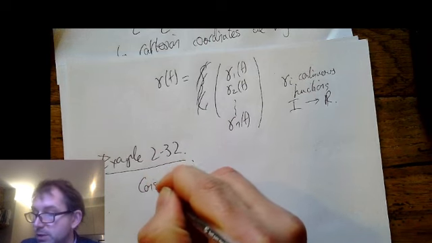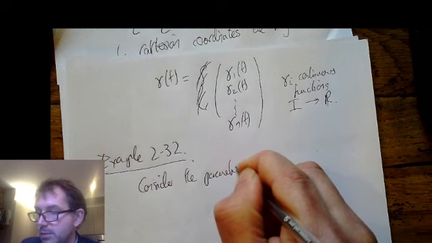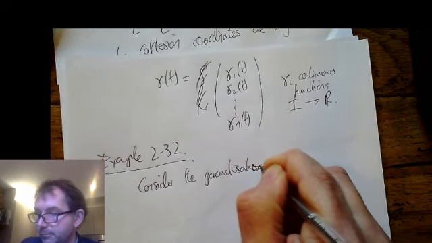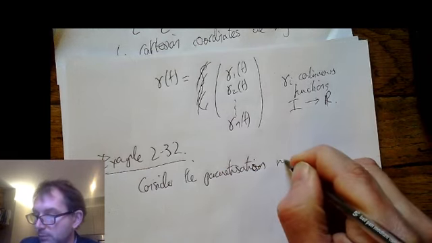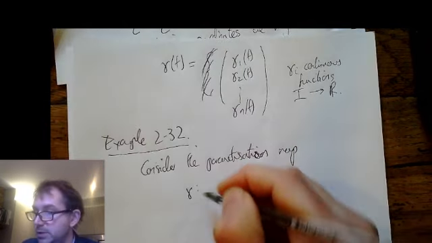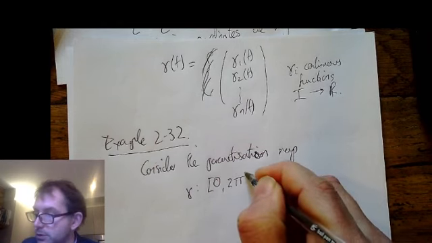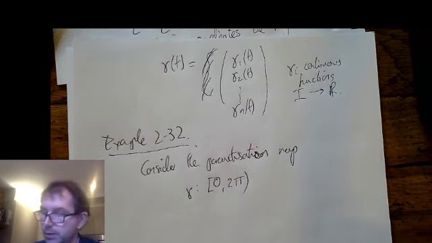Let's consider the parameterization map gamma, which takes a particular interval, in this case it's going to be 0 to 2 pi, but not including 2 pi at the end.